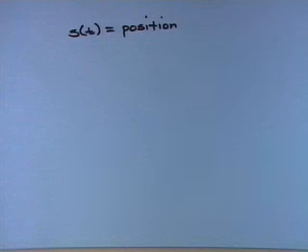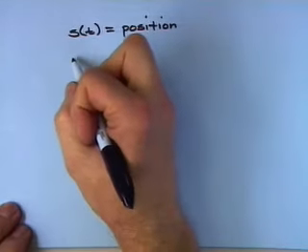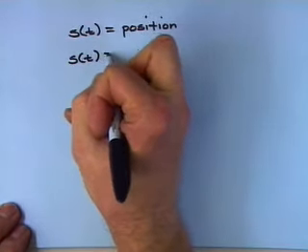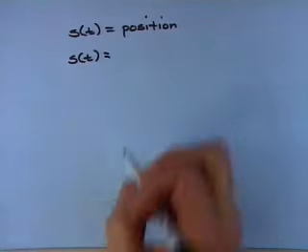In this problem, it's a position function where s of t is in some linear distance, some location type unit in reference to some starting point, and t can be some unit of time. So let me give our position function here.